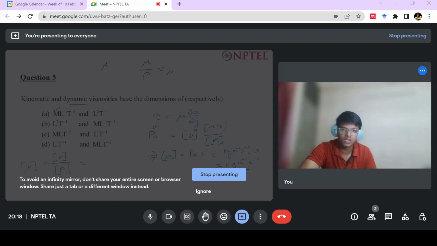So let's write it in terms of Newton second. And what is density? Density is kg per meter cube, so m minus 3. So we will have here meter square. So we can see option 1 is correct. Both of these are correct.